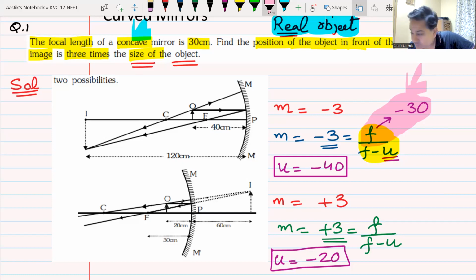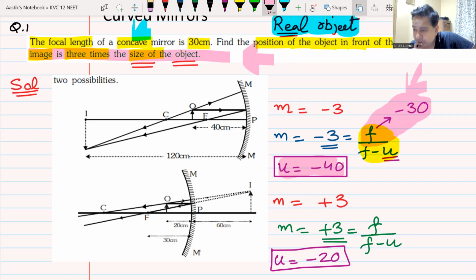The value of? U. Okay. Go ahead. So that the image is 3 times the size of the object. What does the last line mean, beta? Do you understand the meaning of this line?